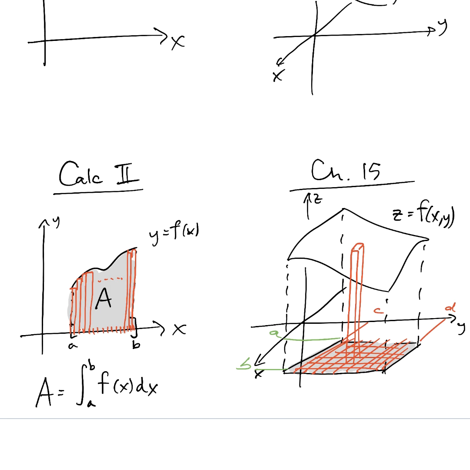The base of the column sits in that one little piece of that patchwork. So there are columns all throughout the entire picture. Some are tall, some are short. But if you add up the individual volumes of all those columns, you will get the total volume under the surface.